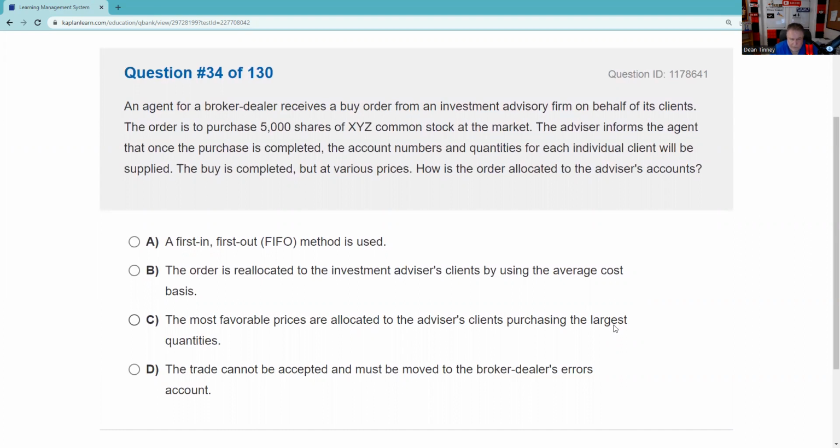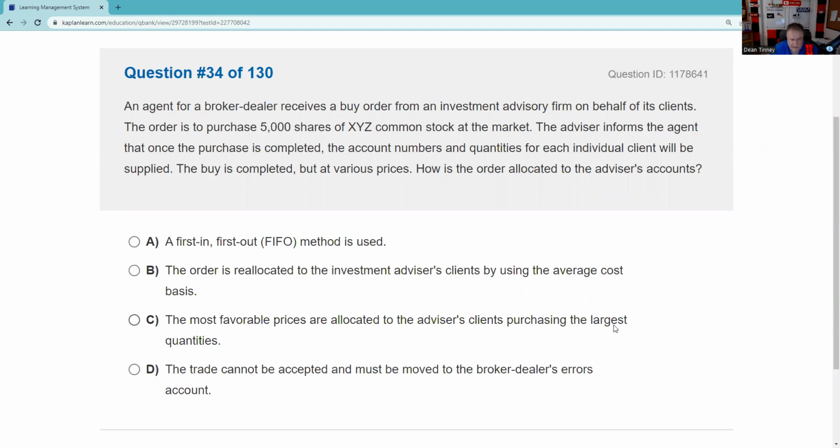So what we're looking for here is the fairest way for us to internally allocate this to our various investment advisory clients. And I think first in, first out is going to be kind of discriminatory, right? First in, first out is the right answer in some situations, but let's see what other answers are available to us.